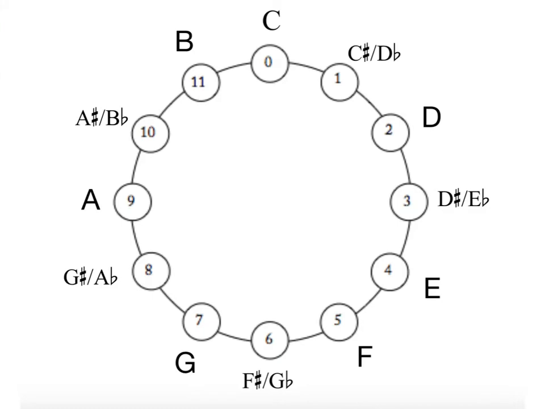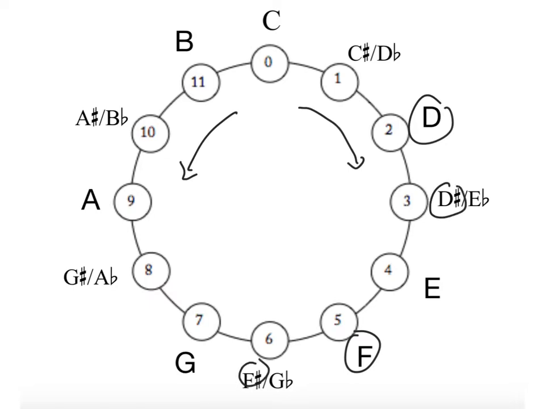We could see this on the clock, for example, that we can move half steps in this direction going up or in that direction going down. And if, let's say, D to F is a minor third, then D sharp to F sharp would also be a minor third.